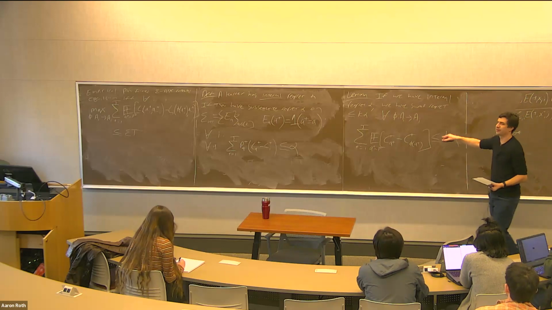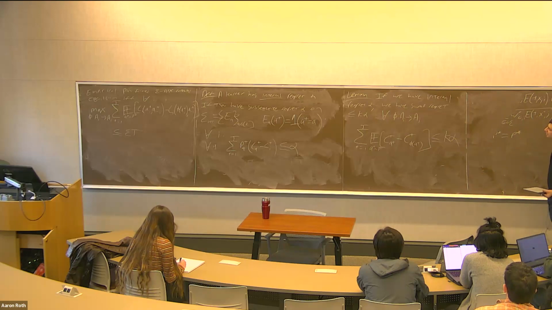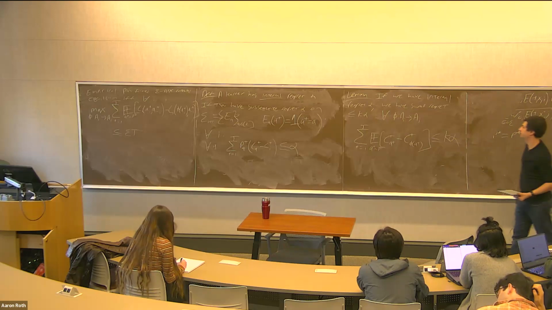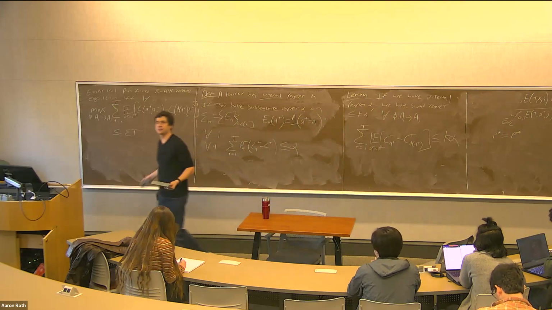Yeah, you can get a root k if you are more careful. The way to be more careful is to basically prove a better subsequence regret bound.